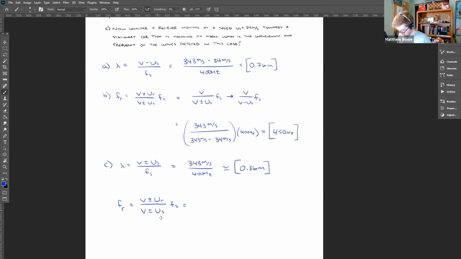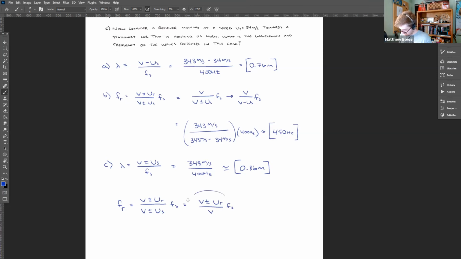Okay, so now in this case, the car or the source is stationary. So this goes to 0 now. That'll give us a different result in how this fraction is ordered, times Fs.